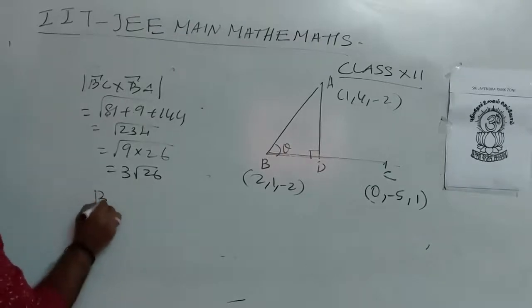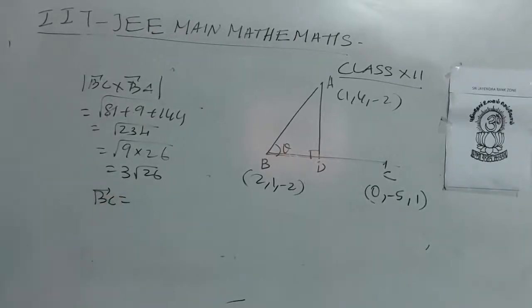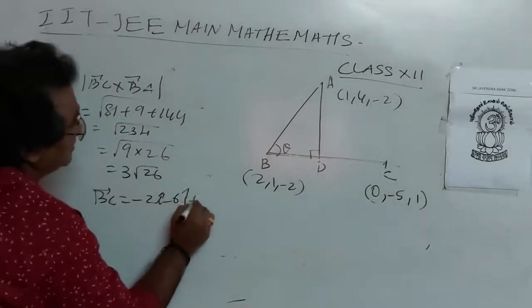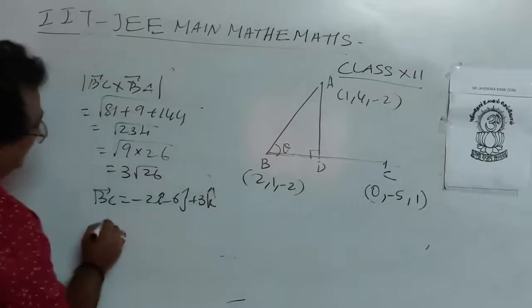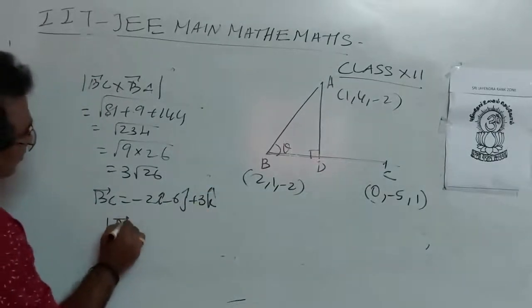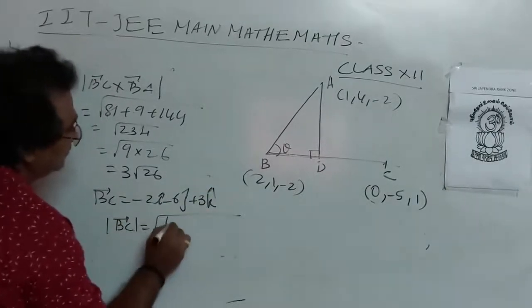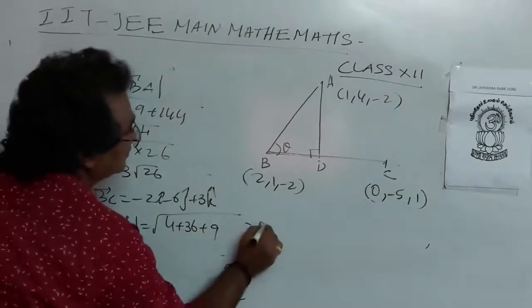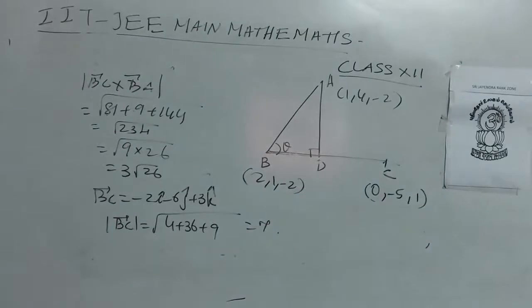We have found already BC vector equal to minus 2i minus 6j plus 3k. Modulus BC equal to root of 4 plus 36 plus 9, that is 7.